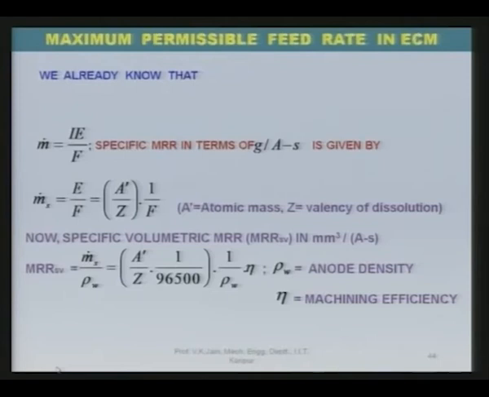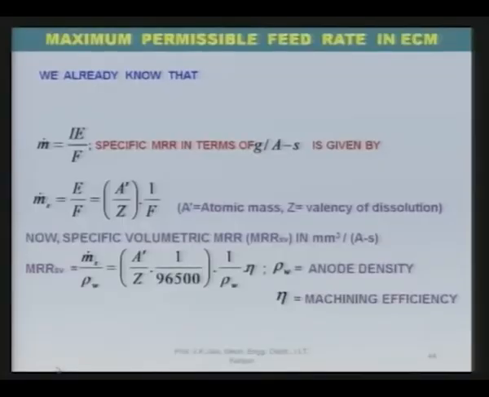Now, specific volumetric material removal rate represented as MRR_SV in cubic millimeter per ampere second is given by m dot_S divided by rho_W, because when mass of the material removed you divide by its density, you get the volume of the material removed, and here S indicates specific.